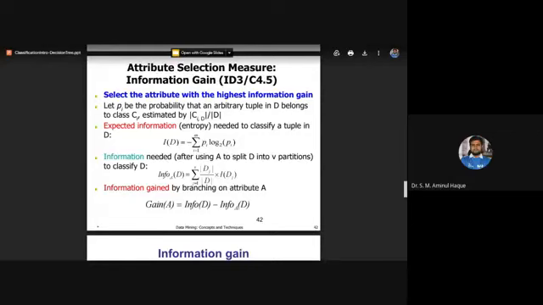Have you heard this term before? Yes, sir, I have heard it in physics. In physics, yes, there's a term called entropy. But here, in terms of data set, what is entropy? In decision trees, I guess when our tree becomes too messy, or if we have too much data and it takes too long to generate, then we get too much entropy.